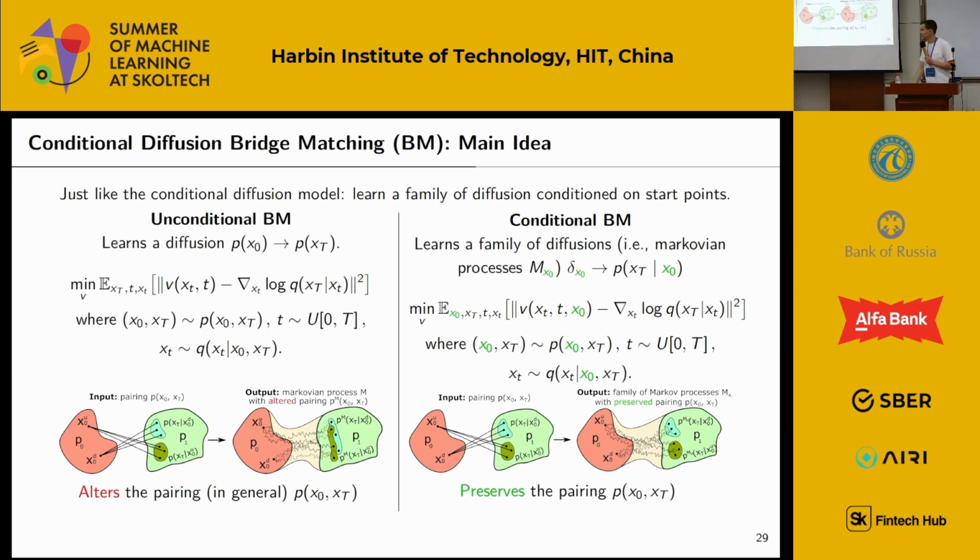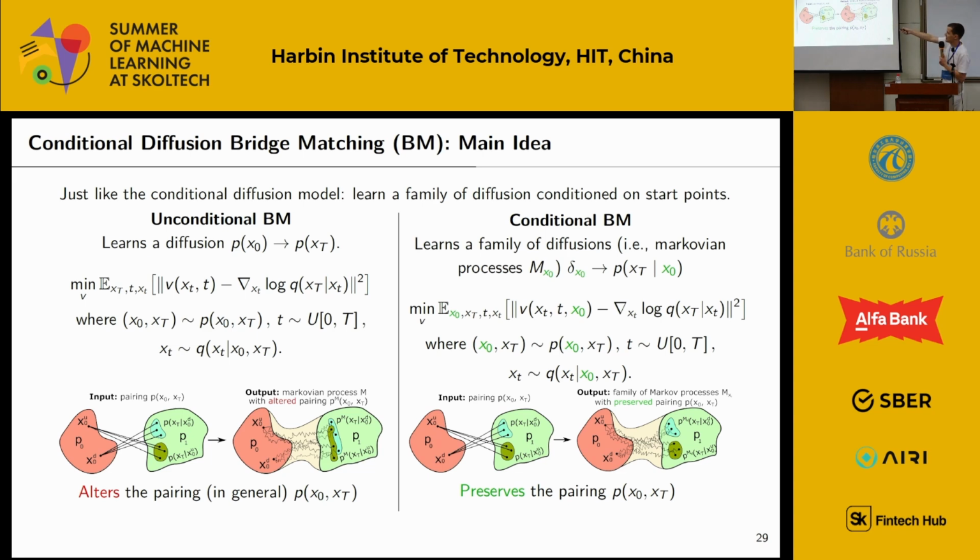What does this mean? This means that now we learn not just one model v of (xt, t), but we learn many models. For each x0, for each input point, we learn its own stochastic differential equation, which does the Markovian projection of this particular process associated with just this input point. So it's not one Markovian projection for everything, as we had here, but many different Markovian projections conditioned on each particular input point.